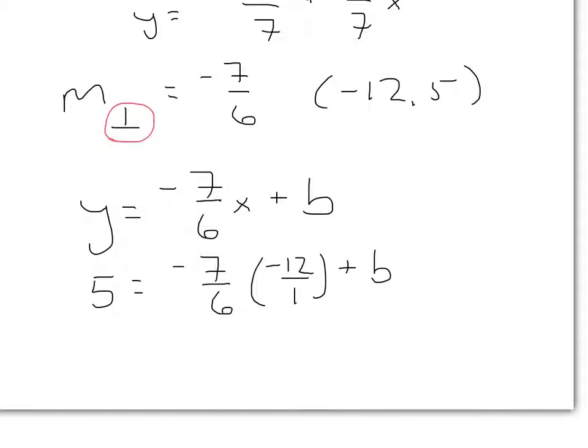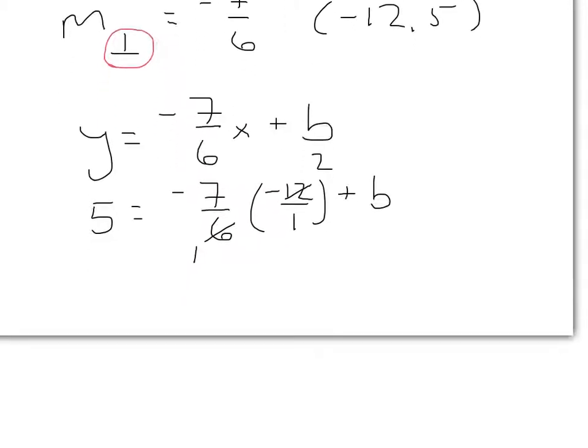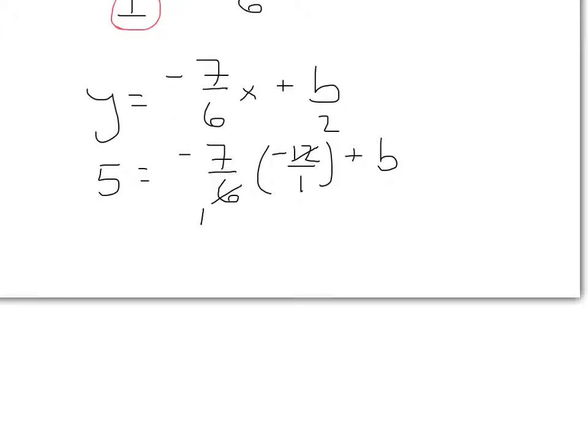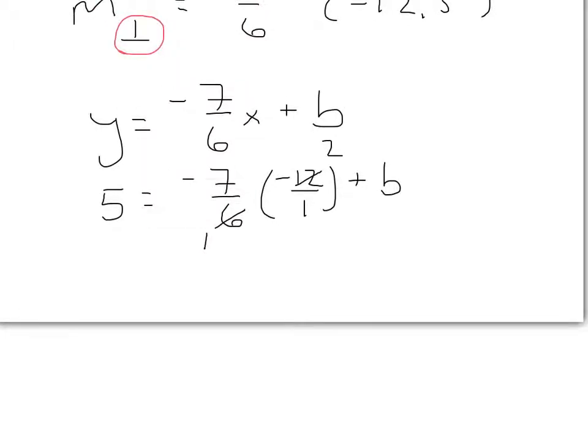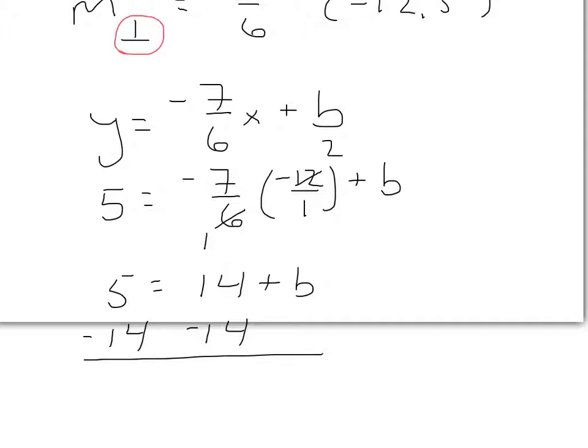So that's negative 12 over 1. Cross reduce the 6 and the 12. And then negative 7 times negative 2 is positive 14. So 5 equals 14 plus b. Subtract 14 from each side.